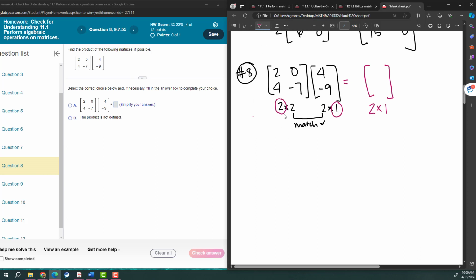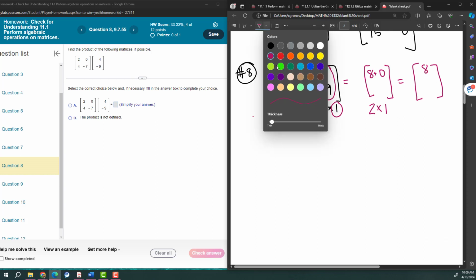And when we multiply, you're going to do it by the row times the column. So for our first piece, row 1 and column 1, we're going to take 2 times 4, which is 8, and then add it to 0 times -9, which is just 0. So we are left with 8 as our top value.